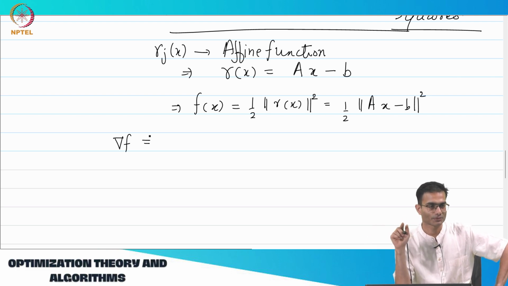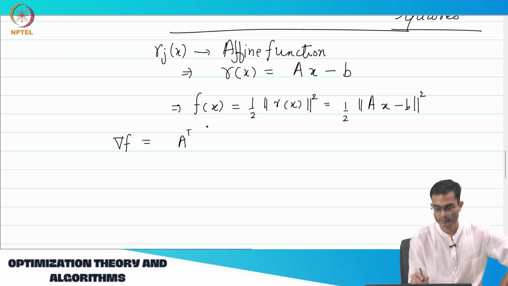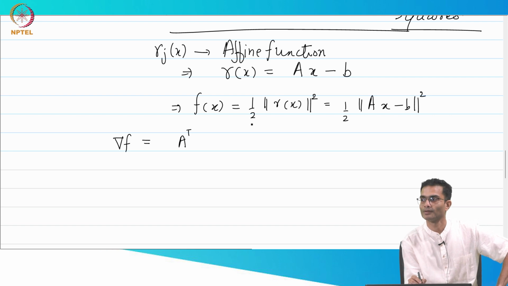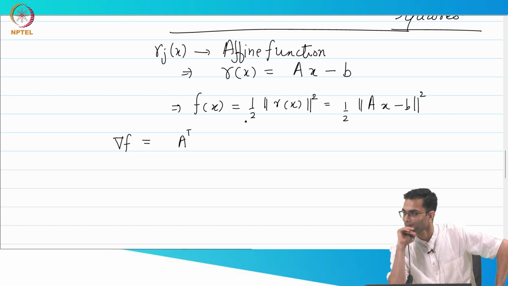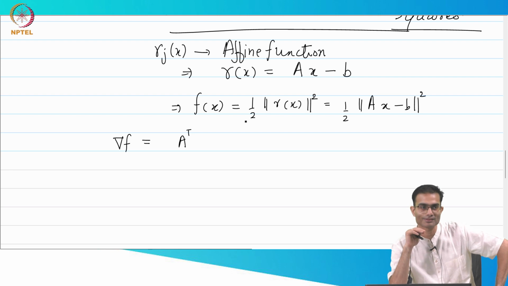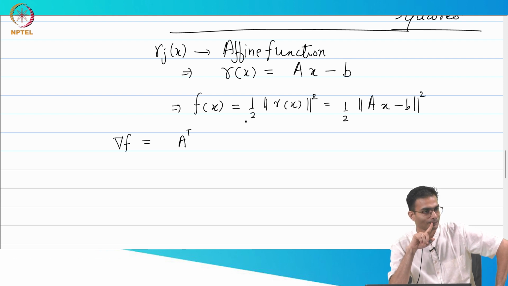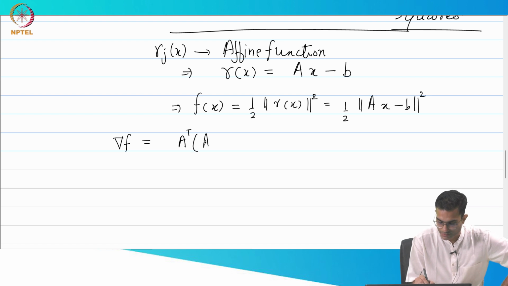A transpose multiplied by, you shouldn't forget this, Ax minus b, exactly right.